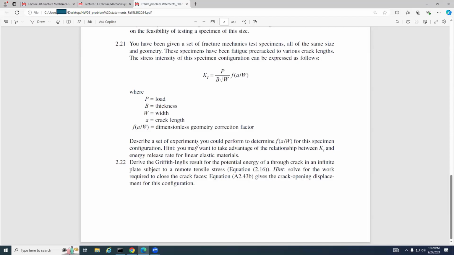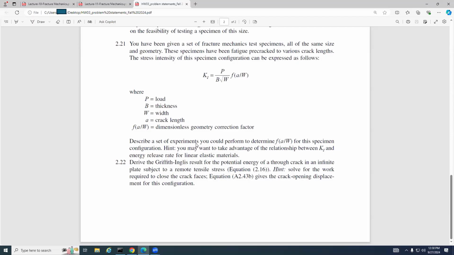So d Pi equals 1/2 sigma u_y; plug in u_y here, 4 sigma over E times the square root of a squared minus x squared, multiplied by b dx. Just plug in.